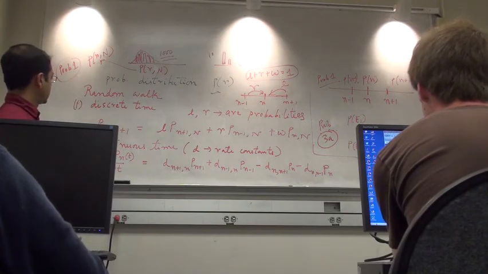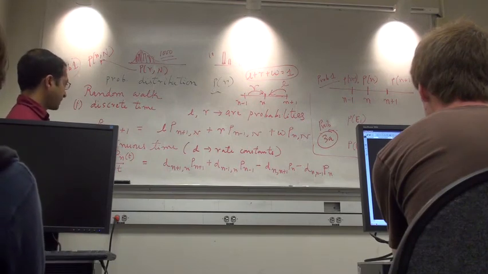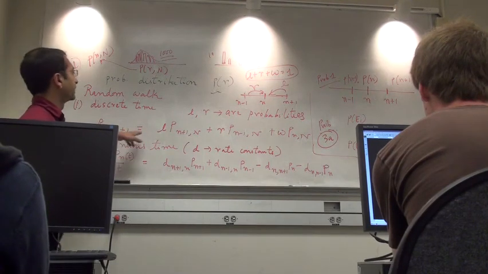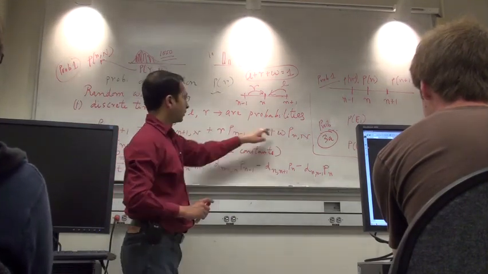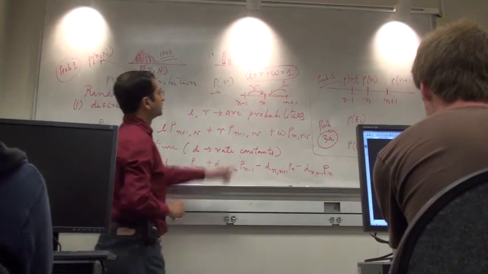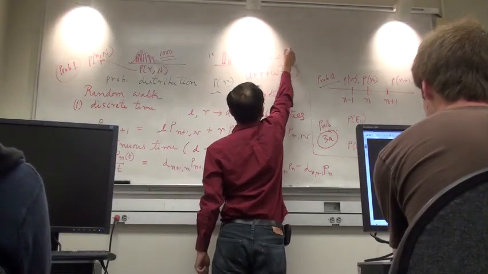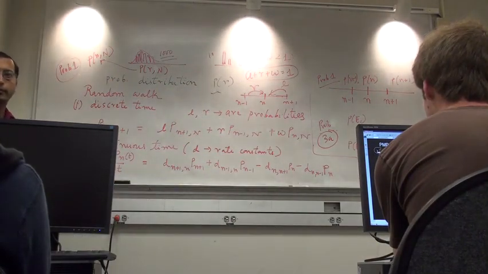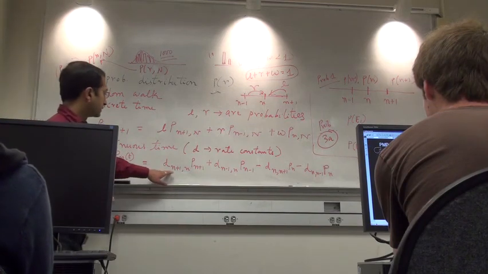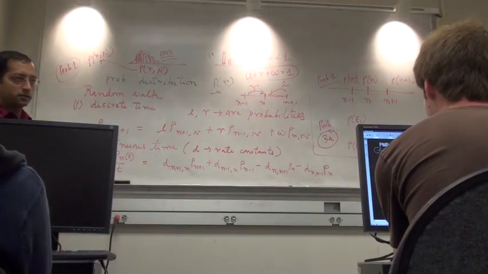So when you are writing a discrete time equation, you have discrete steps, and then the coefficients are probabilities. L, R, W, those are probabilities, each less than 1, and they add up to 1, like any probabilities. Whereas here, when you have continuous time, these are rates. These are rate constants. These are not probabilities.